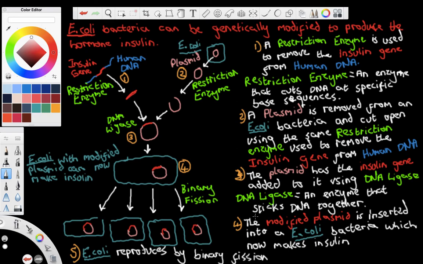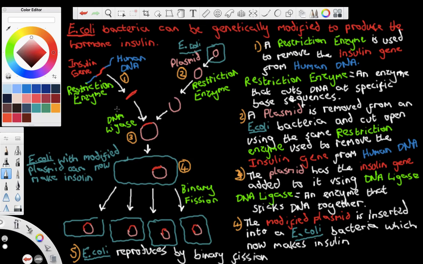Right then, just enough room. So, E. coli can be genetically modified to produce the hormone insulin. What we do is we remove the insulin gene from human DNA using a restriction enzyme. A restriction enzyme is an enzyme that cuts DNA at specific sequences. We then remove a plasmid from an E. coli. We cut it with the same restriction enzyme to open it up.